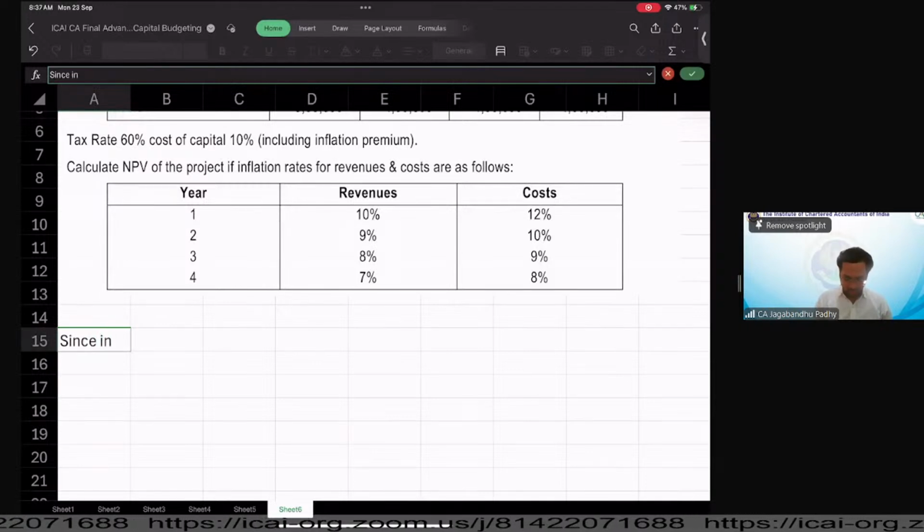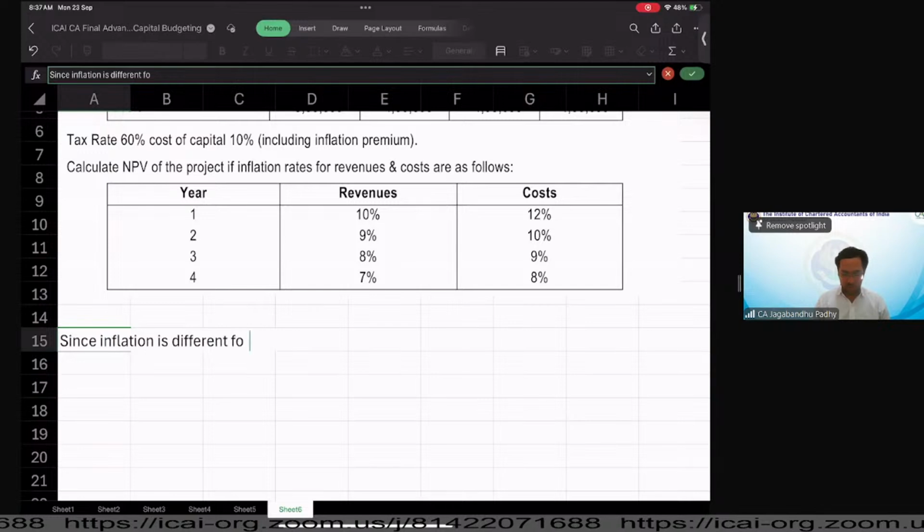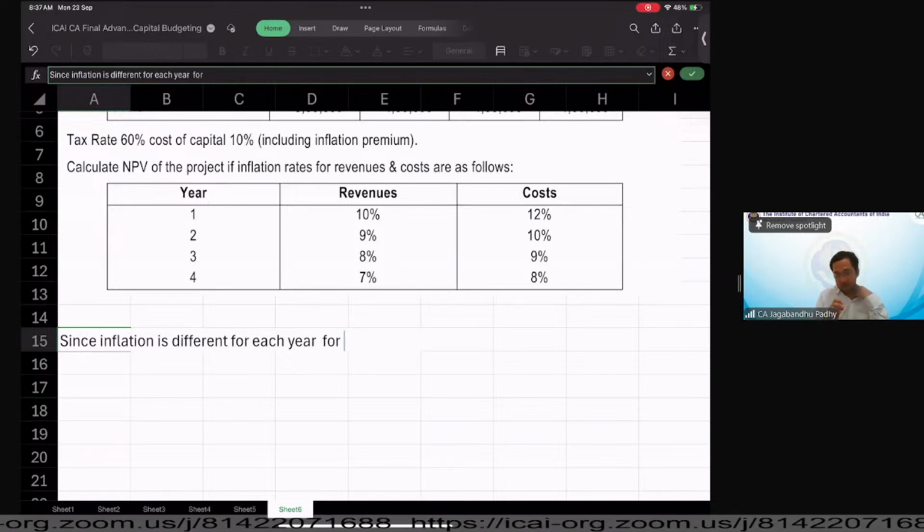Since inflation is different for each year, rather you can say even revenue and costs have different inflation rates, right?